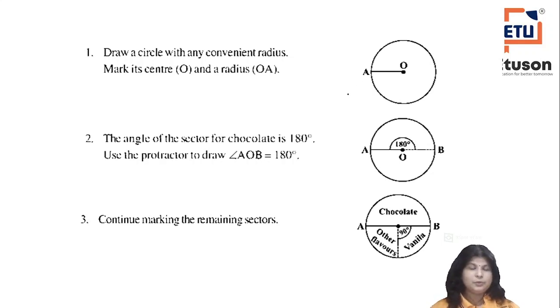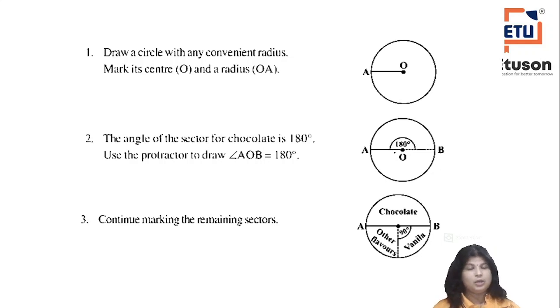Then what you are supposed to do is draw the angle of the sector. You can consider any category. We have considered chocolate first. Taking the sector of chocolate first, as we know, we have calculated that the angle for the chocolate is 180 degrees. So with OA as the base, you have to draw the angle equal to 180 degrees by means of your protractor.